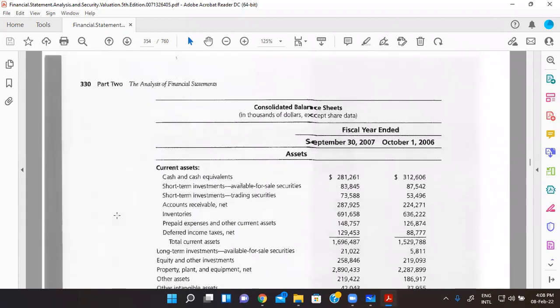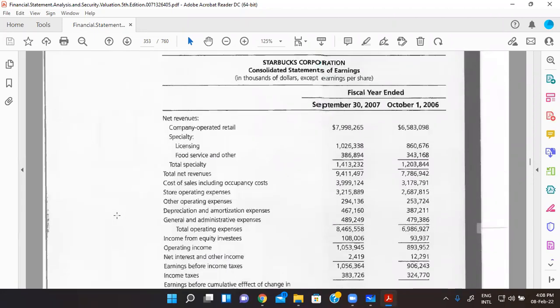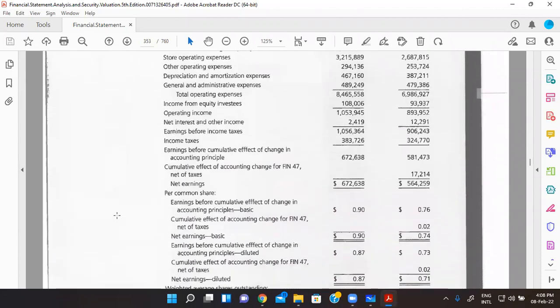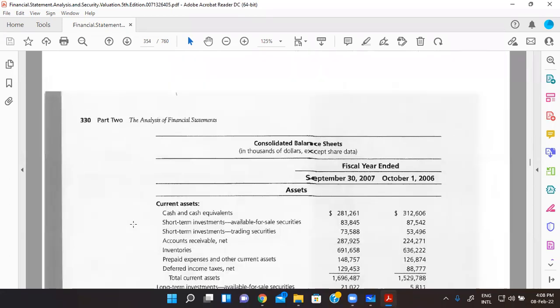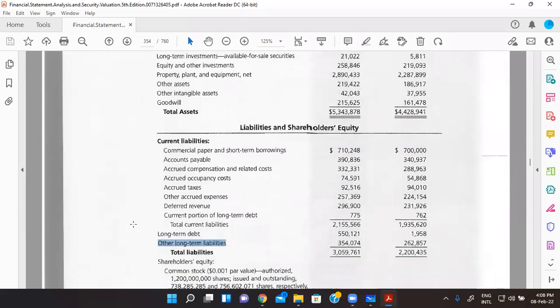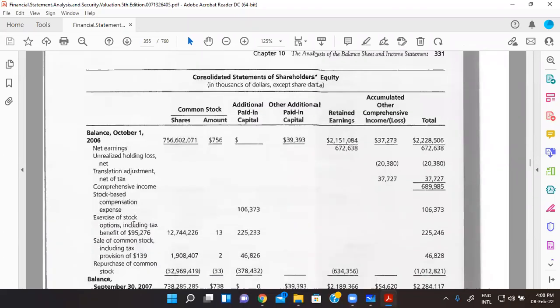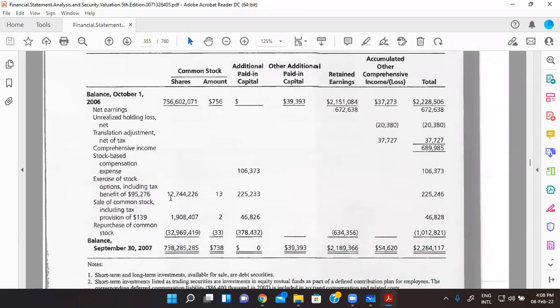In the statement of equity, you will see that we have a balance sheet, we have liabilities and shareholders' equity.